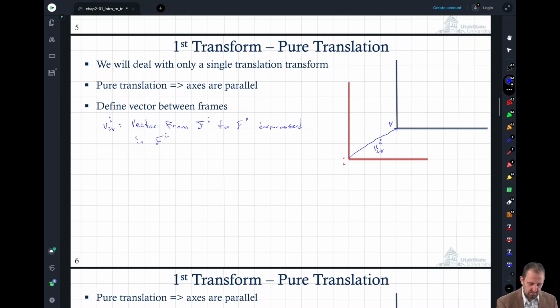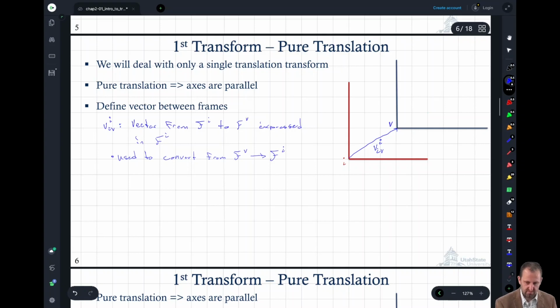And what we're going to do is we're going to use it to convert from frame V to frame I. We'll say this is our frame V, and we're going to use it to convert to frame I.